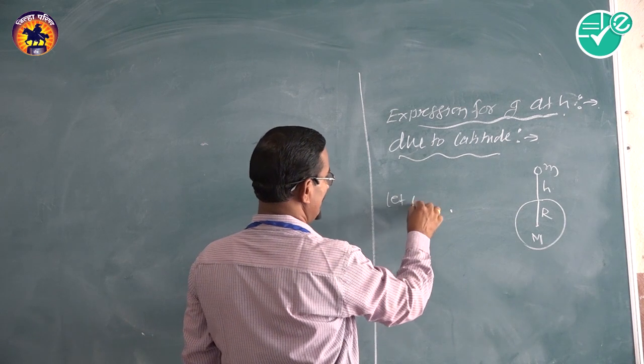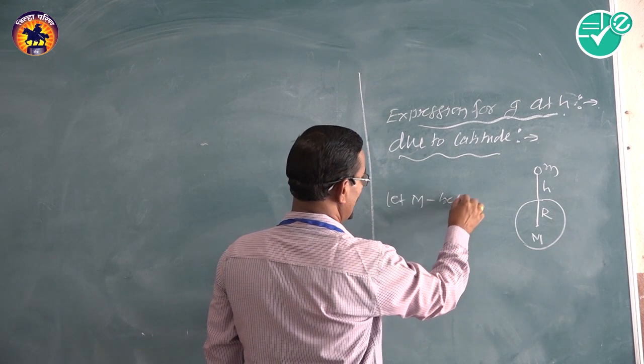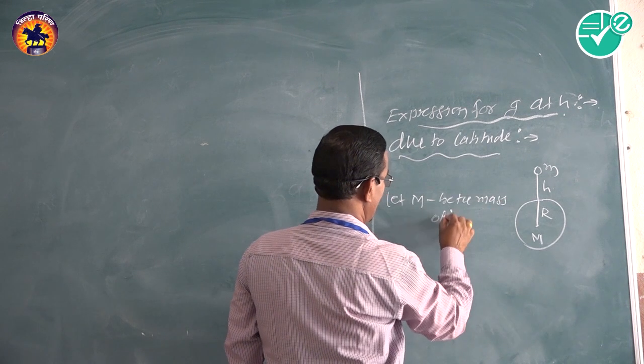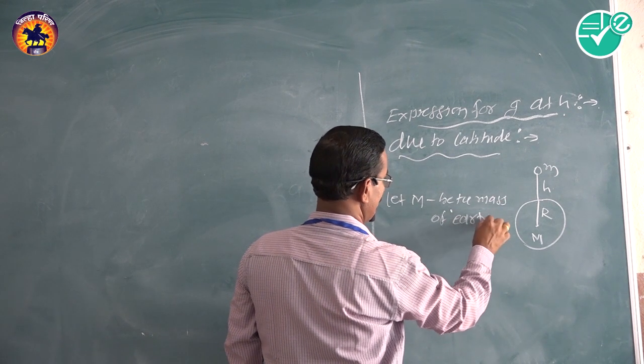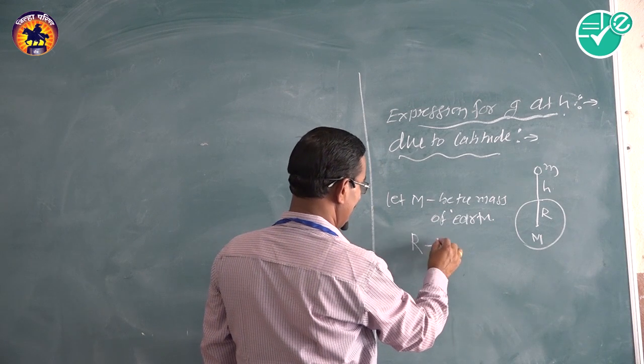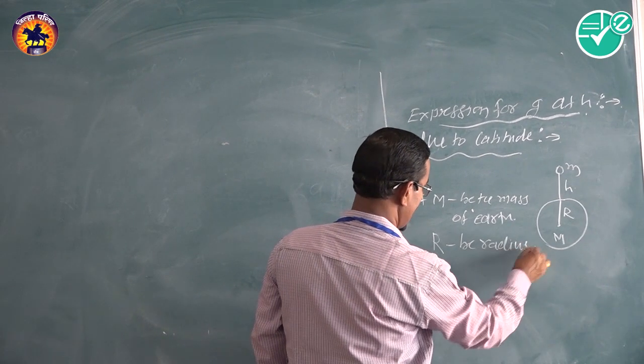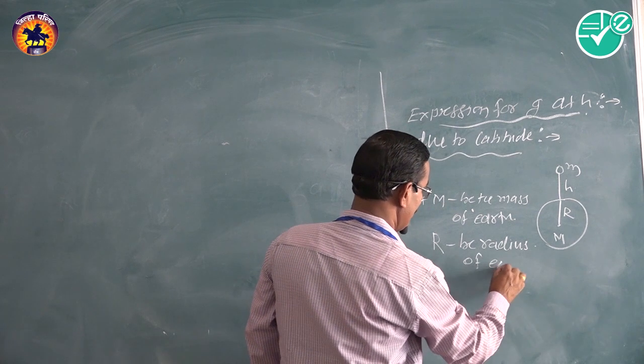Let capital M be the mass of Earth and capital R be the radius of Earth.